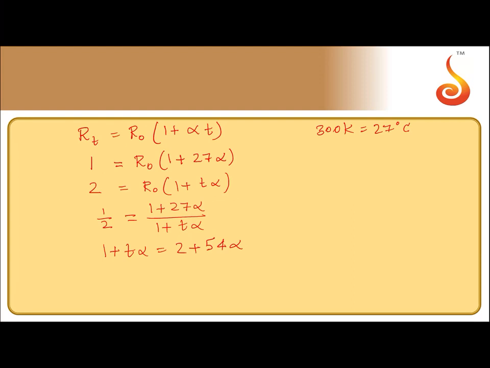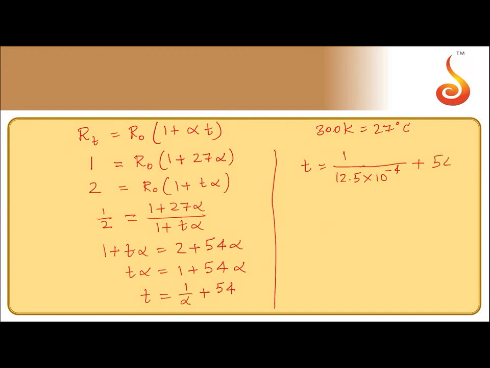We need to calculate T. So T alpha is equal to 1 plus 54 alpha. So T is equal to 1 by alpha plus 54. So alpha value is given, just substitute. So 1 divided by alpha is 12.5 into 10 to the power minus 4, temperature coefficient of resistance, plus 54.